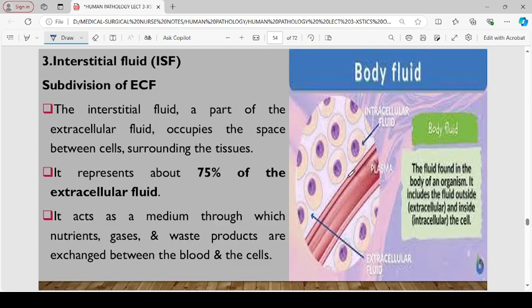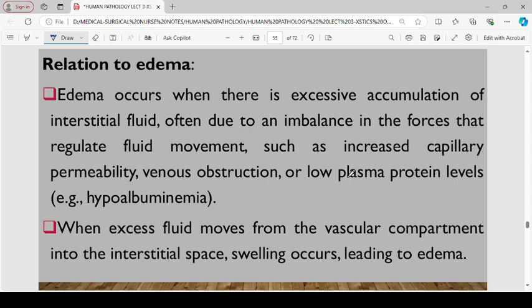So the interstitial fluid, which is a subdivision of extracellular fluid, normally occupies space between cells and surrounding tissue, and it represents about 75% of the total extracellular fluid. It acts as a medium through which nutrients, gases, and waste products are exchanged between the blood and the cells.